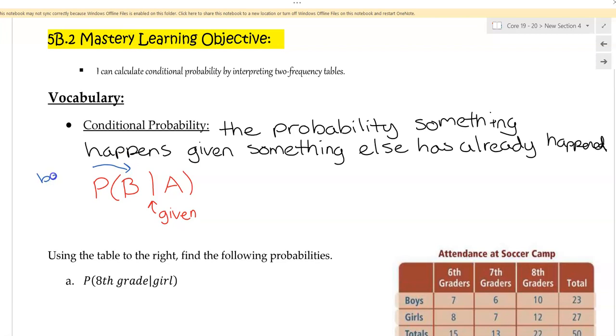B happens before the line. A happens after the line. Makes sense. And this probability equals the probability of A and B divided by the probability of A.